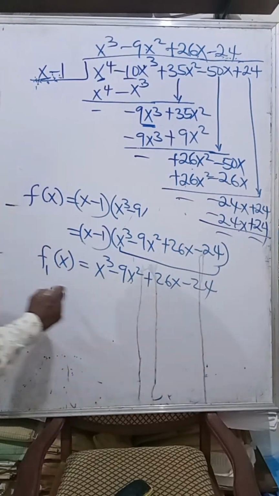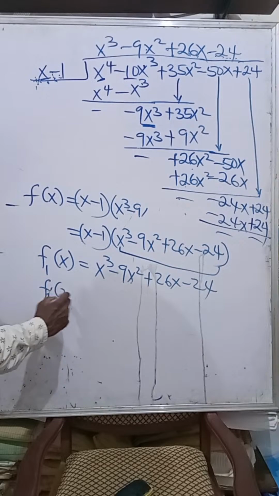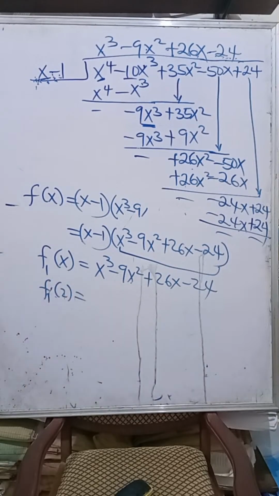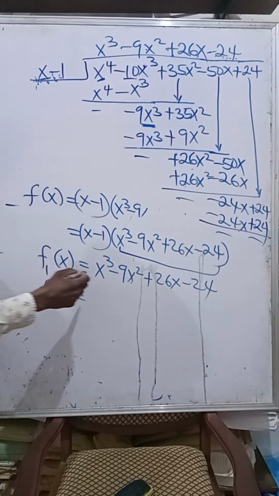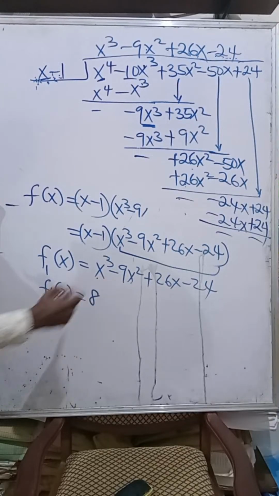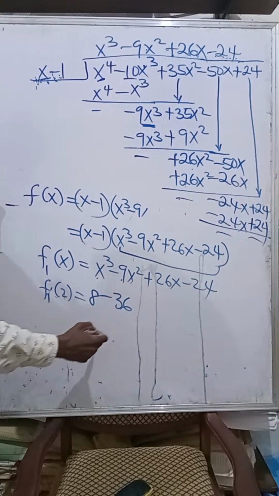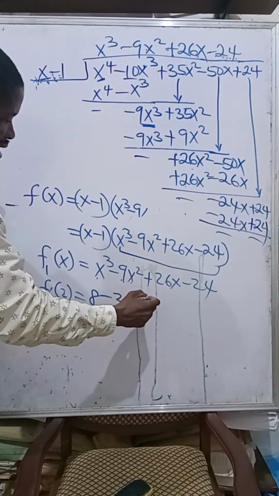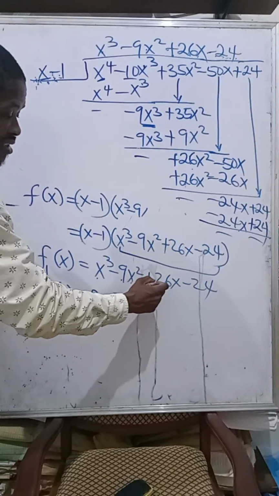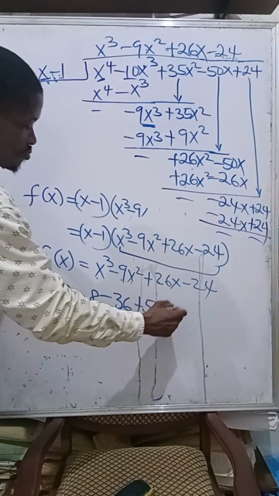Okay, let's try f of 2. Let's try 2 and see if it's 0. If we do that, we're going to have 8 in this place minus 9 times 4, that's 36, plus 26 times 2, that's 52, minus 24.